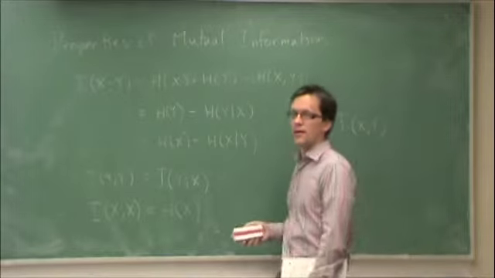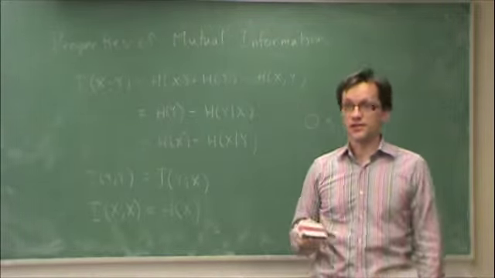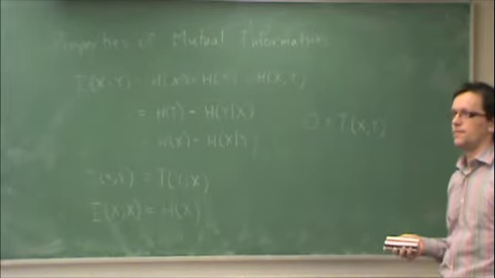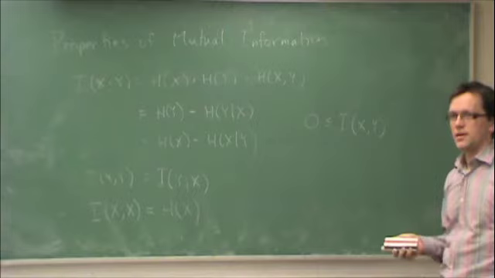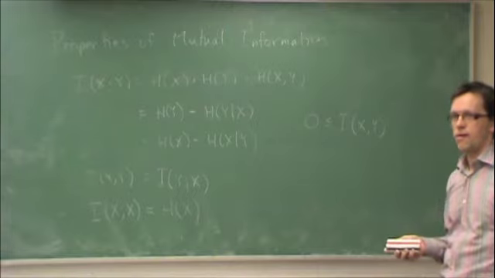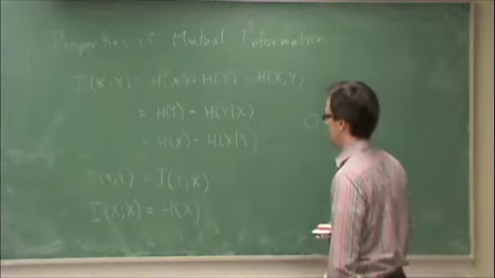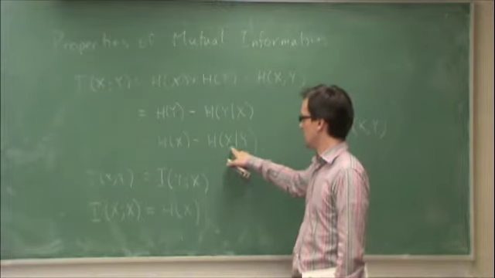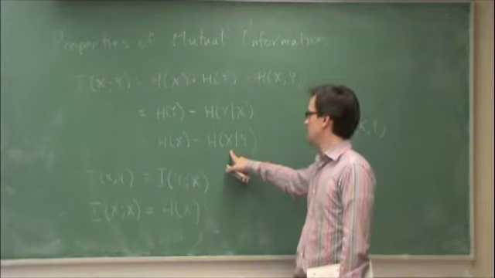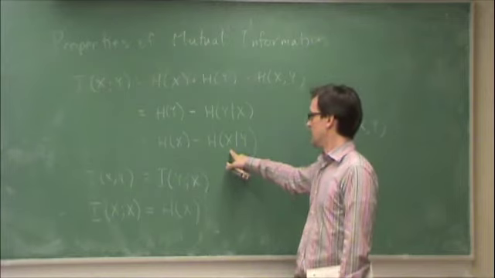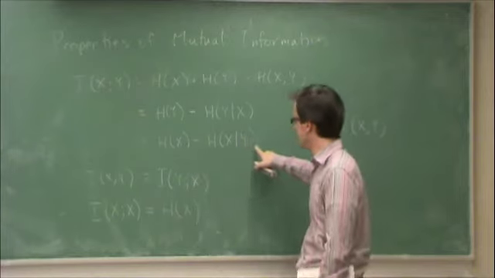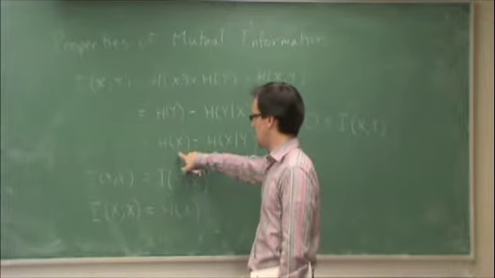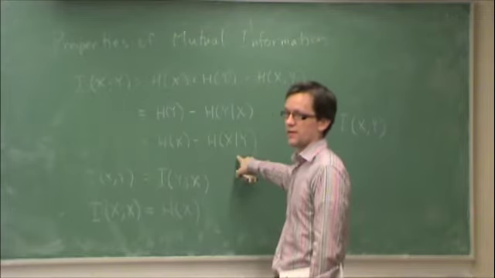Is the mutual information also bounded on the other side? Yes. What do you think it's bounded by? One. No. Okay, one way to think of this is look at this expression. Entropy is always positive. So in order to make this maximum, we should make either this guy maximum or this guy minimum. What's the minimum possible value for this?